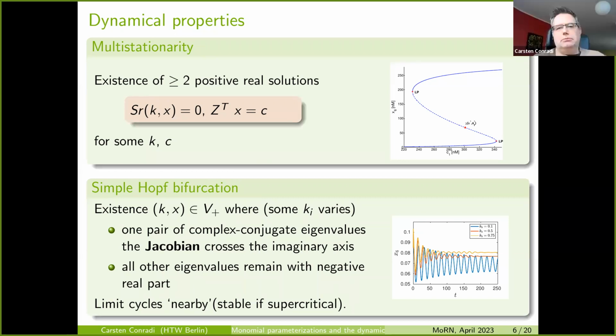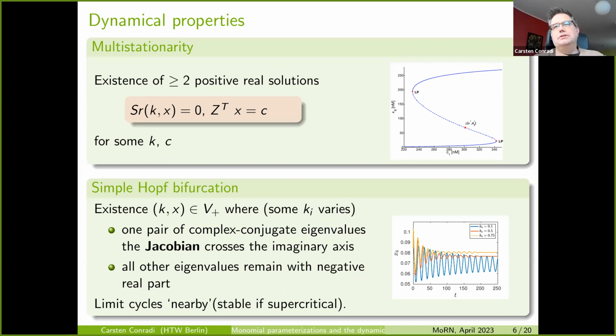Specifically, we monitor the eigenvalues, and then one has a simple Hopf bifurcation if one pair of complex conjugate eigenvalues of the Jacobian crosses the imaginary axis, basically the real part goes from negative to positive, while other eigenvalues remain with negative real part.